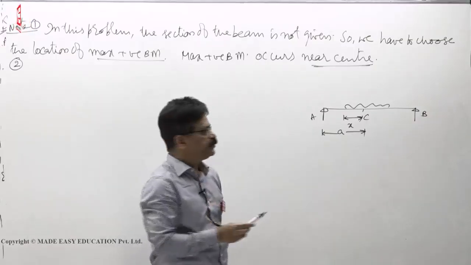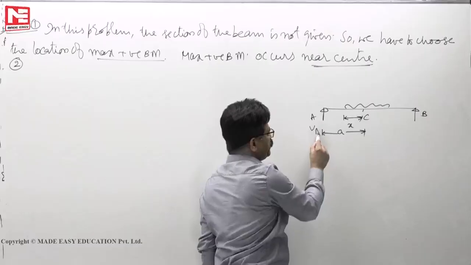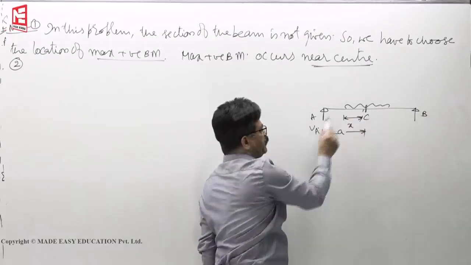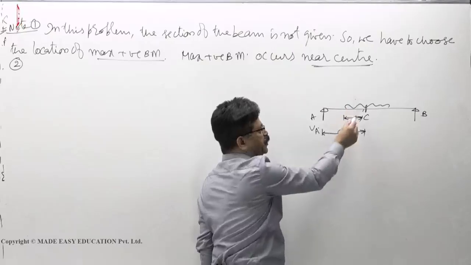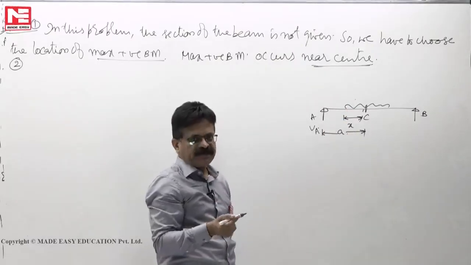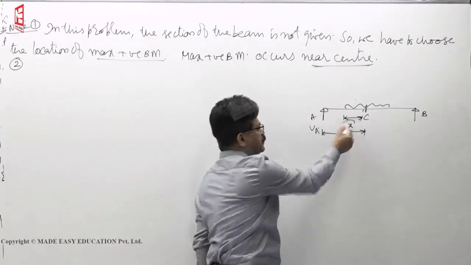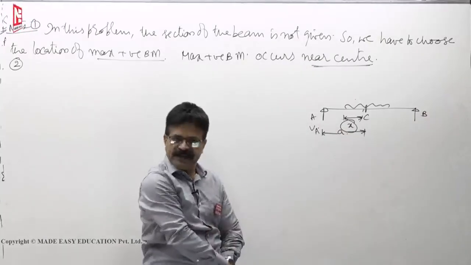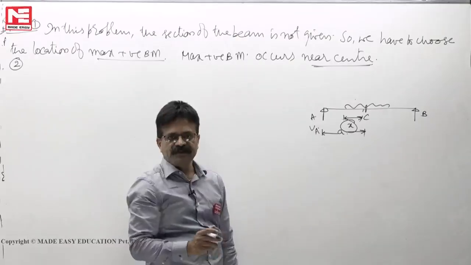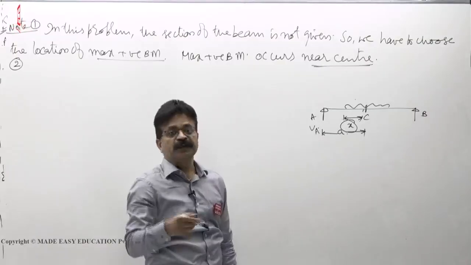For that, what you have to do? Take this x as it is. For this condition, what is VA? You will get in terms of x. Then find bending moment at C: VA into A minus Wx square by 2. For that bending moment to be maximum, dM/dx is equal to 0. Then find x. And the x value you find, that x by A is equal to L1 minus x by B. There you have done mathematically, you have proved how it comes.